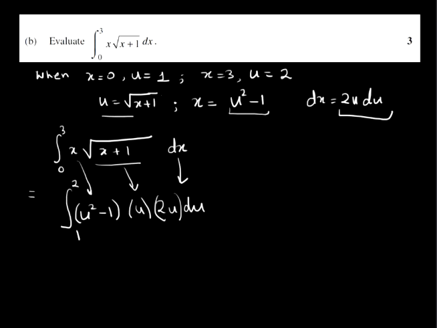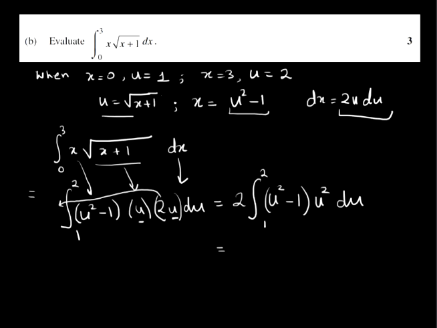Okay, so this is much easier to solve. I'm going to just pull the 2 out and make it a constant outside the integral. So it's going to be 2 outside of the integral from 1 to 2 of (u squared minus 1), and u multiplied by this u is going to be u squared, du.